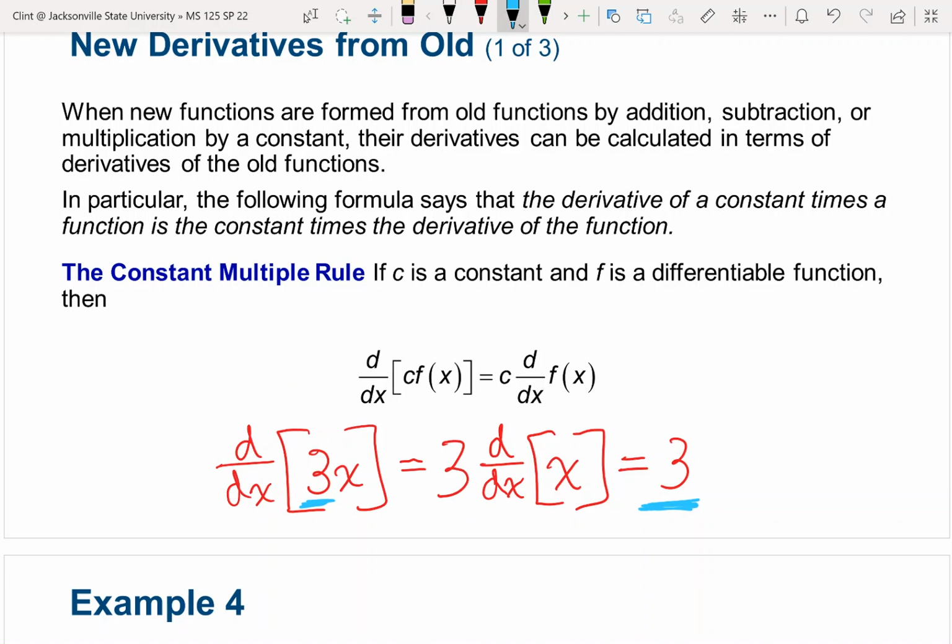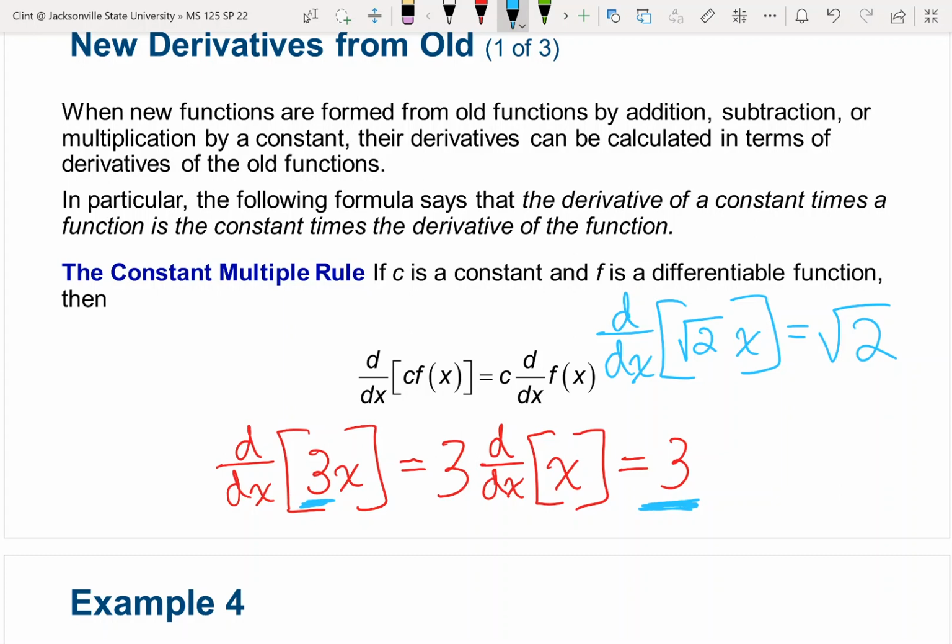And it even works if you have weird things like square root of 2x. Yep, just square root of 2. Square root of 2 is just a constant, so it works just like this one.